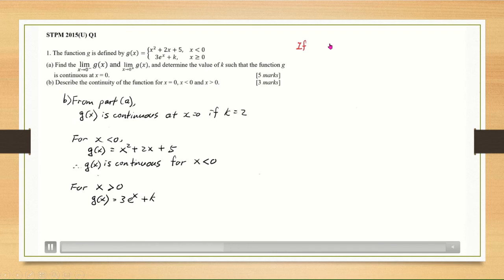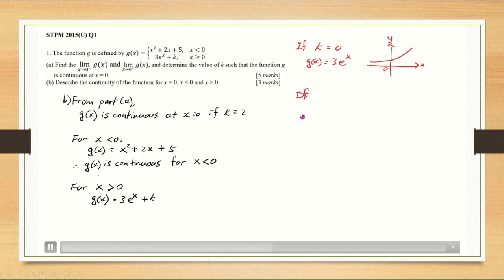So first we consider when k is equal to 0. When k is equal to 0, the function is 3e^x. Now we look at the graph of 3e^x. That is the exponential function for the region x greater than 0. So we can see that the graph is continuous.